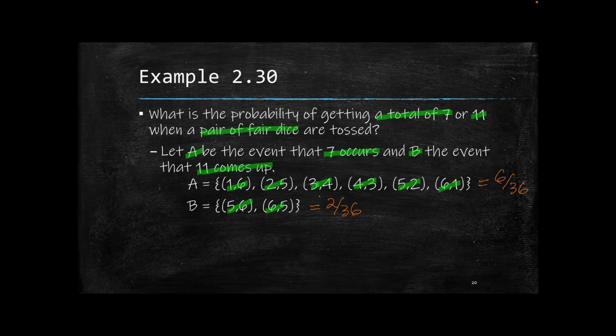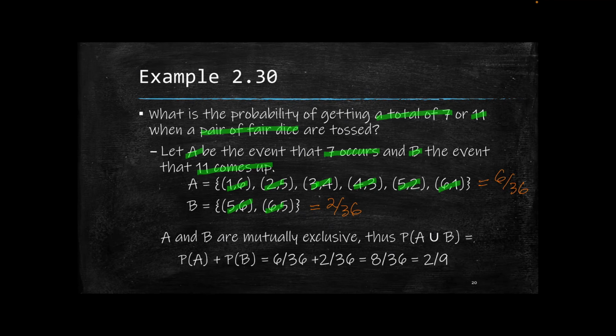From the event elements, we can see that A and B are mutually exclusive. So, according to Corollary 2.1, P(A union B) equals P(A) plus P(B). The sample space of the total outcome is 36, so the probability of getting 7 or 11 is 2 over 9.